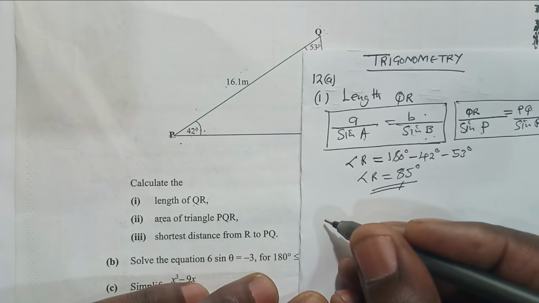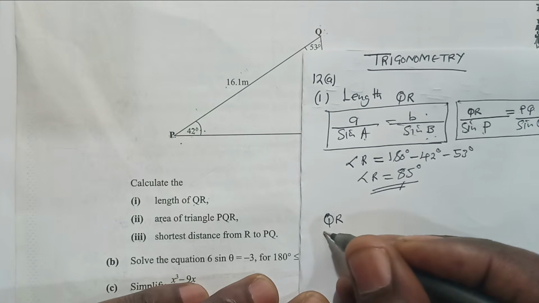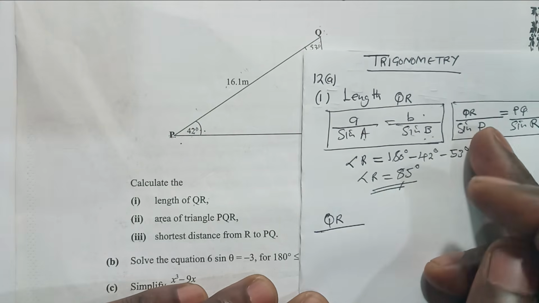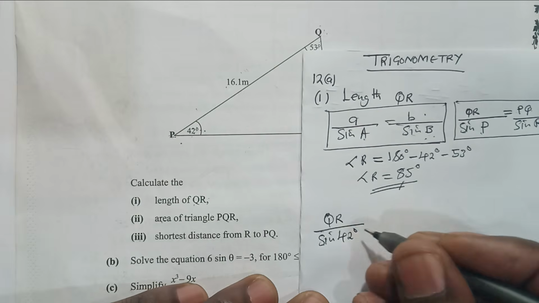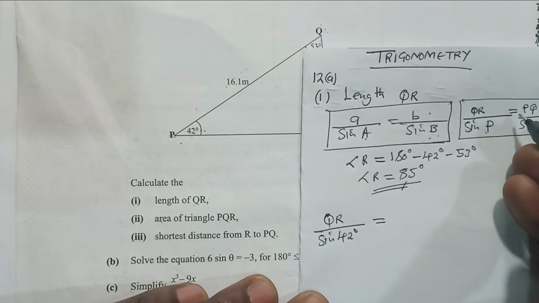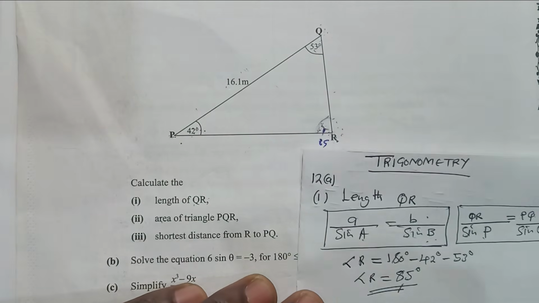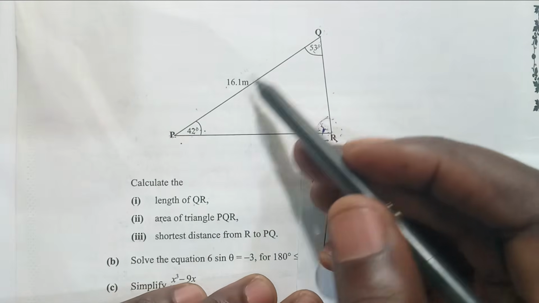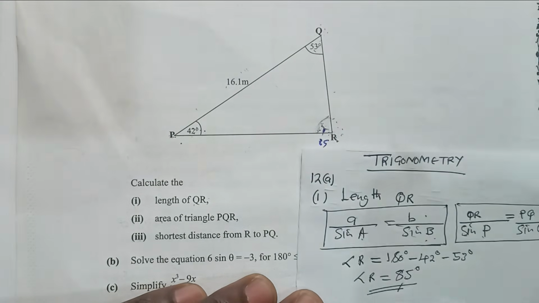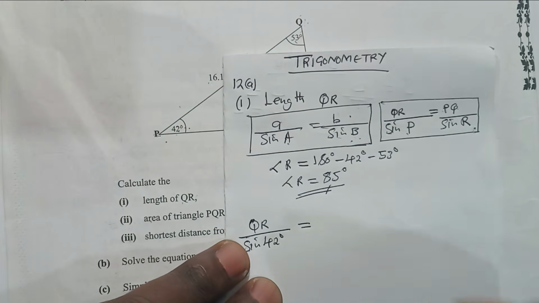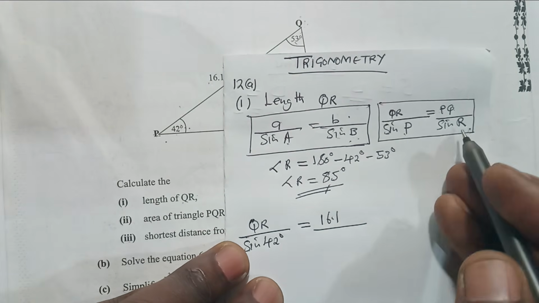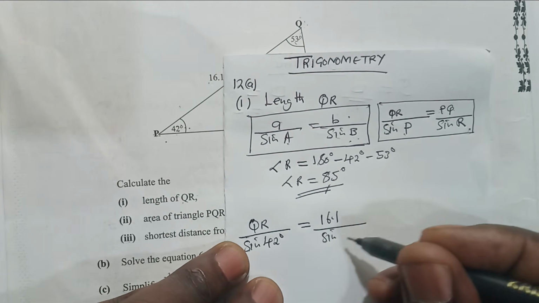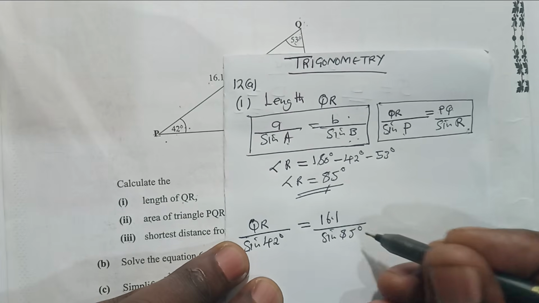So we are saying QR over sine P, which is sine 42 degrees, equal to PQ. Do we have the side PQ? Yes, we have. It is 16.1. So we substitute for that. We have 16.1 over sine, the angle at R, which is 85 degrees.